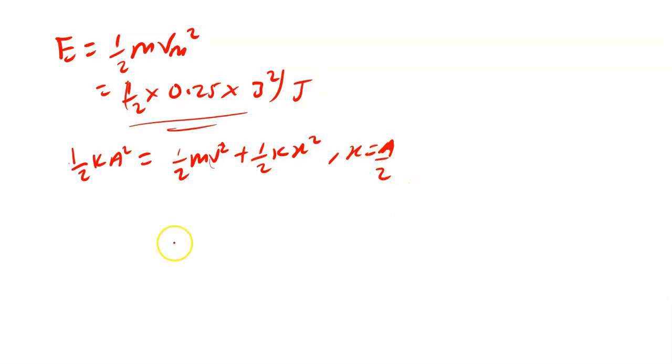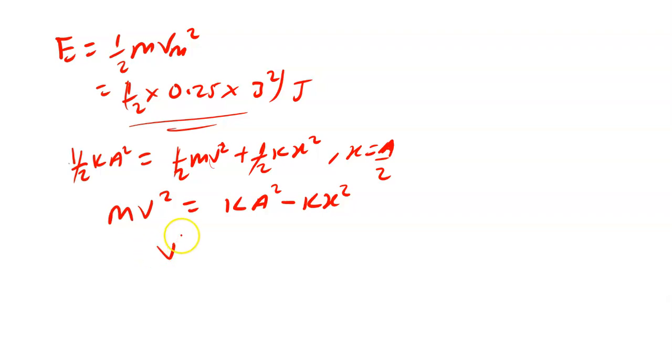That is our x. So we just have to make v the subject of the formula, and that can be done by saying this one goes the other side, meaning you have m v squared is equal to k a squared minus k x squared.